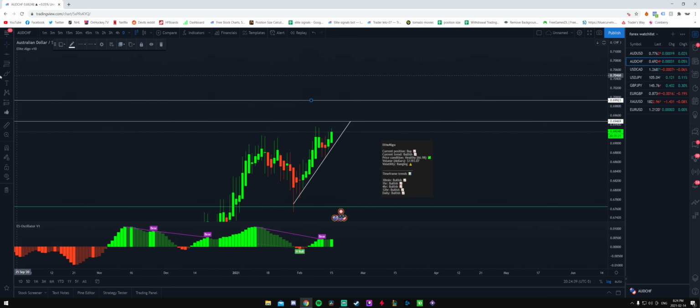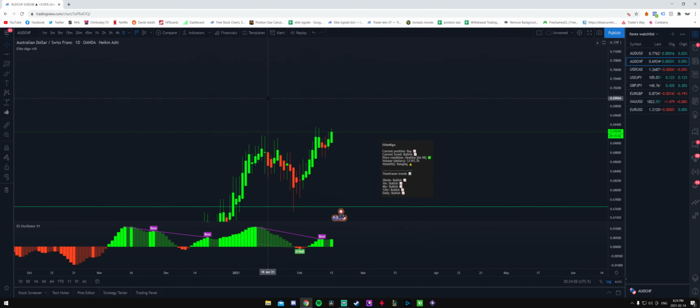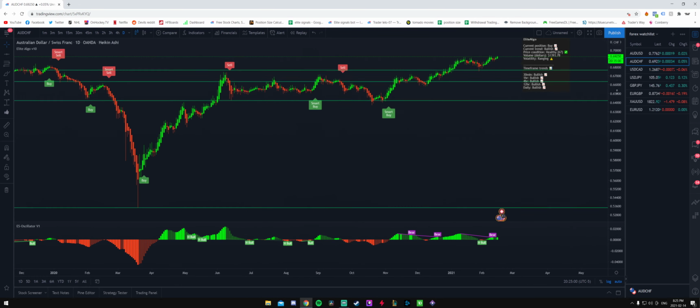So this is what we're looking at. If we're looking at the price range from that, it's about 40 pips, 43 pips. We'll bring it down to where it is now. If it does end up breaking that resistance, you're looking at about 66 pips to the next resistance. I'll remove the drawings and reset the chart so you can look at it.